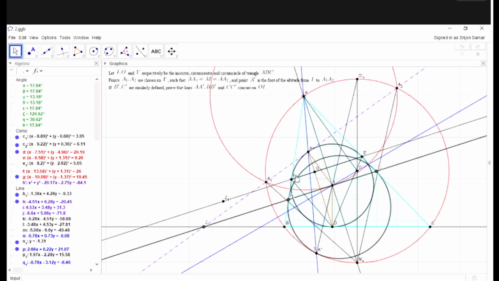In that way, we took the tangents from the point to the incircle to meet at point A1. So we let them meet the circumcircle at points A1 dashed and A2 dashed. But we will prove that those are equal using fact 5.